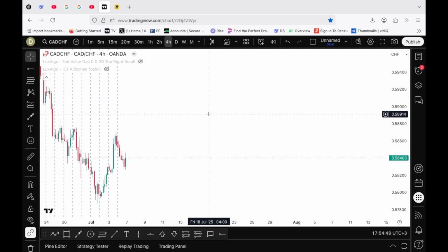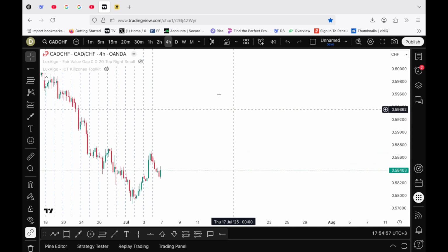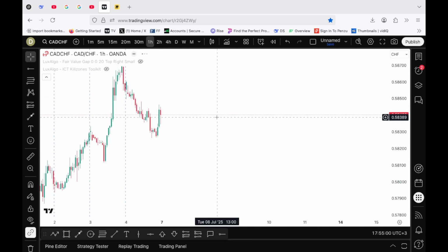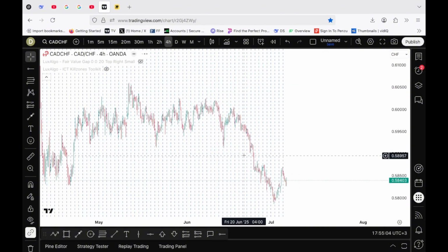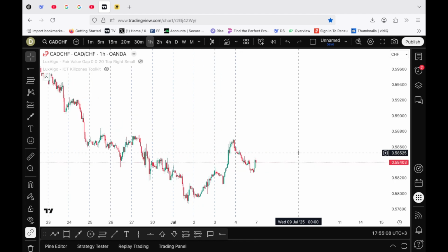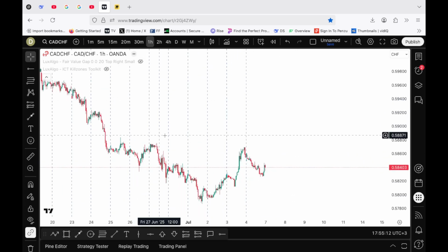So for you to understand market structure, first you need to define the time frame. You can't just go to the charts and click on H1. On H4, if we zoom this direction, you'll say the market structure is downward. You go to H1, you can clearly see the market structure is now going upward after a long move downward.